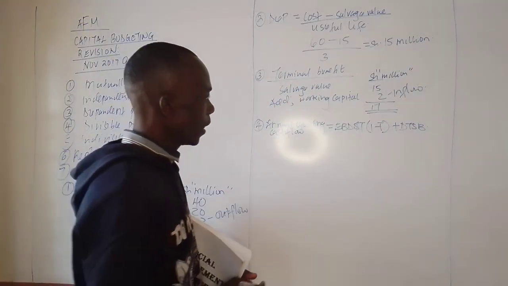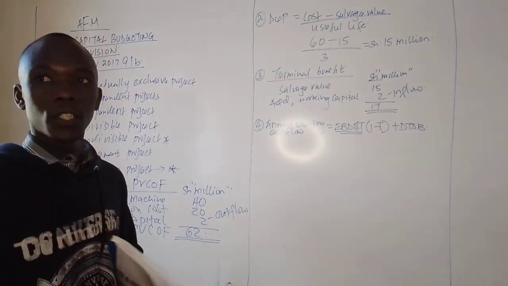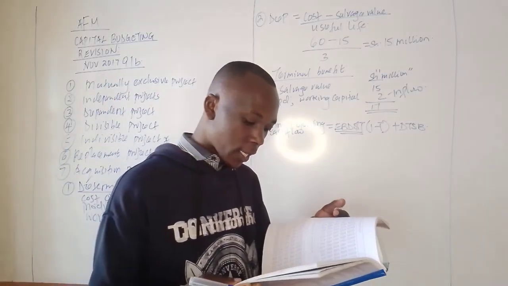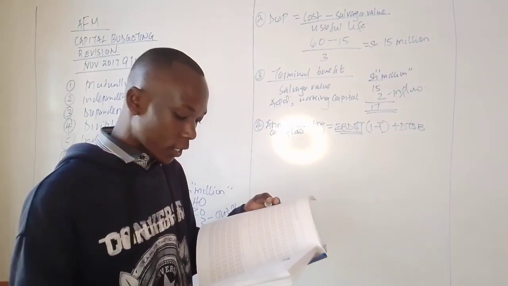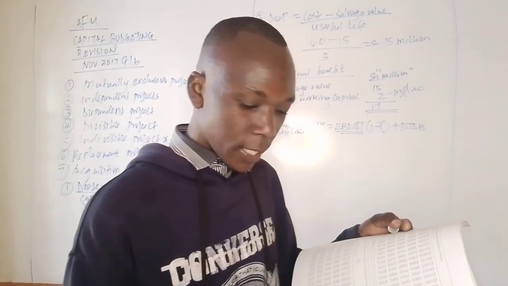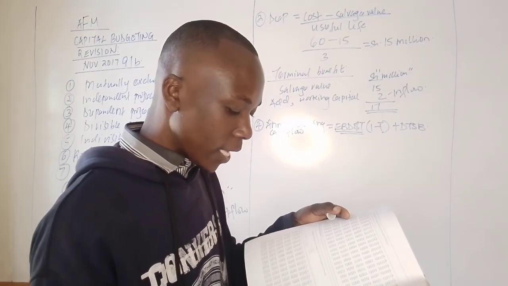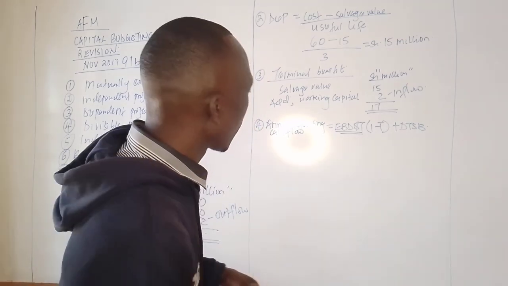So in this case, let us first get the earnings before depreciation and tax. So we go to almost the last paragraph. You are told that the machine's purchase will not affect the revenue, but it is expected to save the company shillings 25 million each year in before tax operating cost, mainly labor.